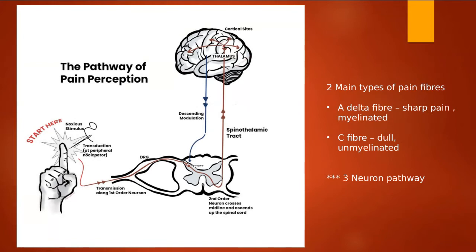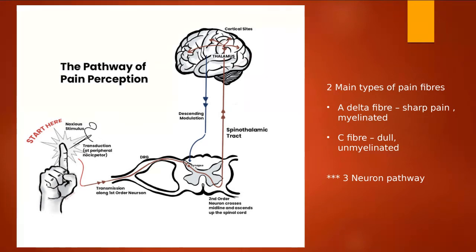So as soon as there's the noxious stimuli, the pain fibers are stimulated, action potentials triggered, and the action potentials are transmitted via the first order neuron, and it enters the spinal cord dorsally, so through the back of the spinal cord. It passes the dorsal root ganglion and reaches the spine and enters the spinal cord.